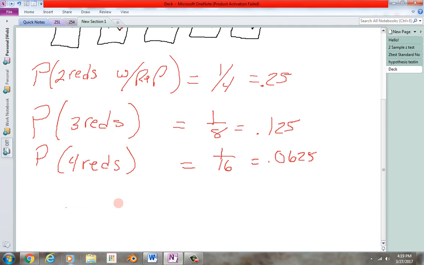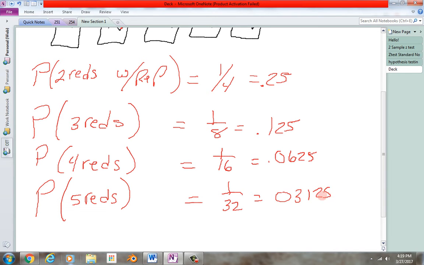There's 5 reds in a row. To which I say, all right, well, what's the probability of that? Well, it's 1 out of 32, which is 0.03125. 3.125%. The chances of that happening is a 3% chance.